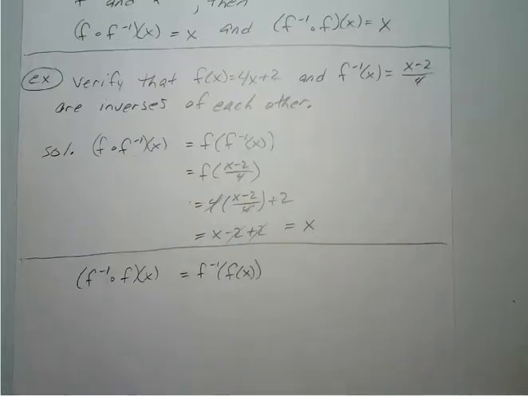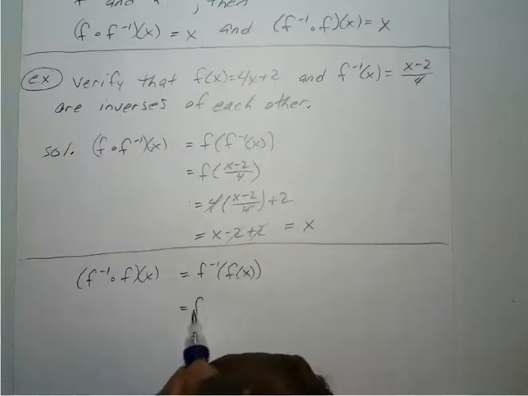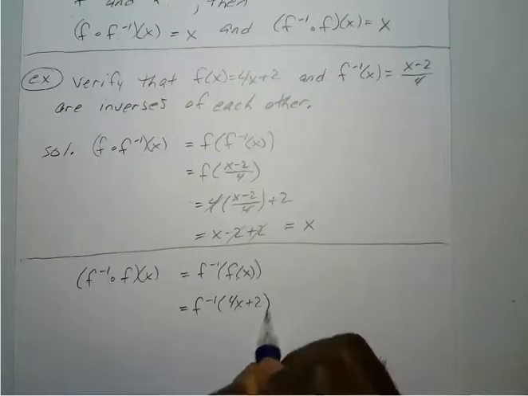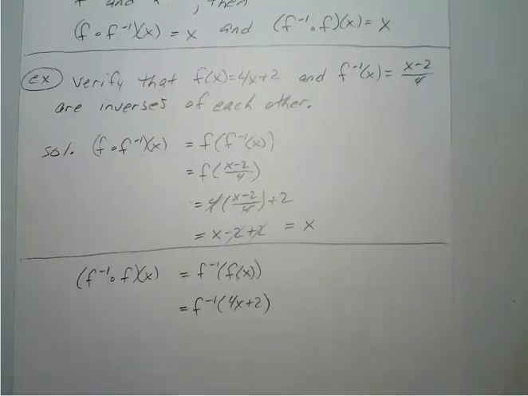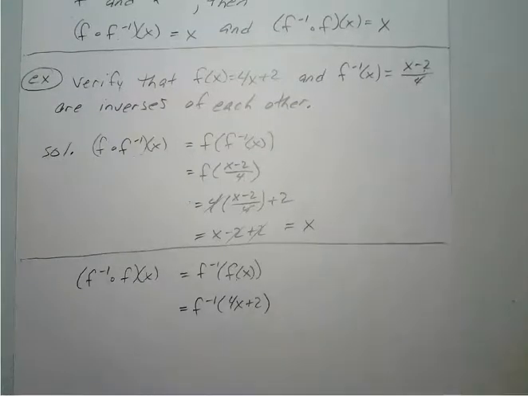Just a composite. Okay, so we know that f of x is equal to 4x plus 2. So that's f inverse of 4x plus 2. Okay, so we know that f inverse is x minus 2 over 4. So for f inverse of 4x plus 2, we're just going to replace x with 4x plus 2 in that one.